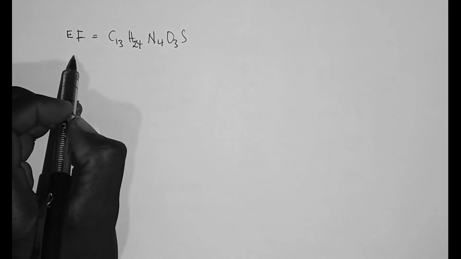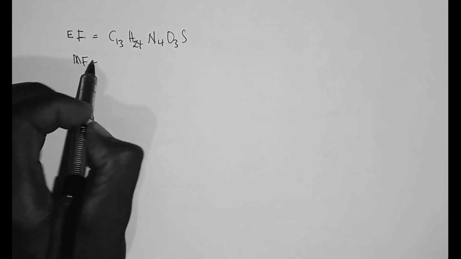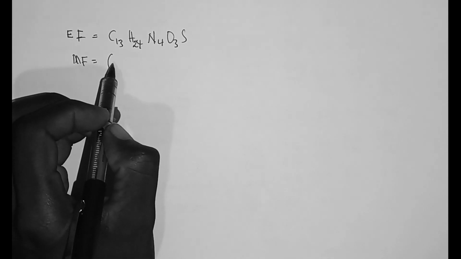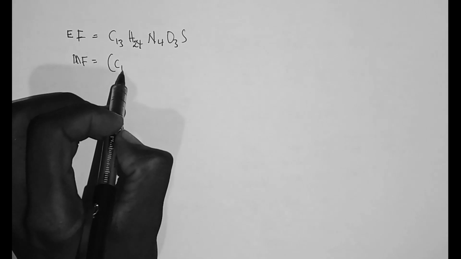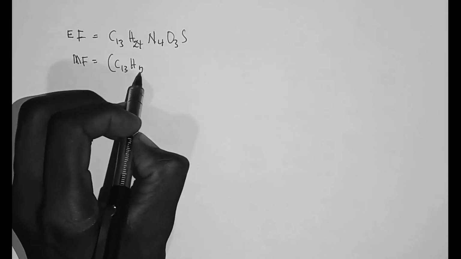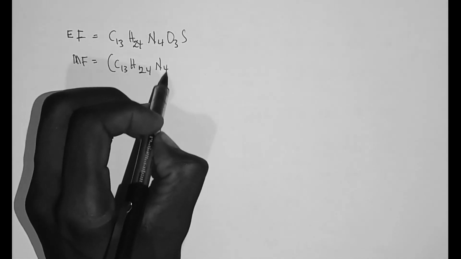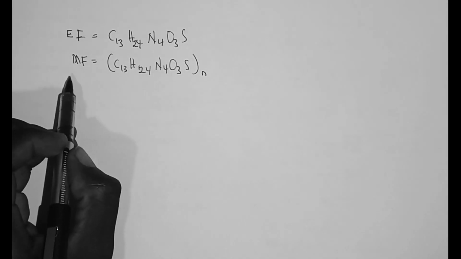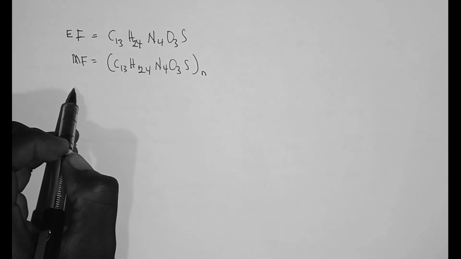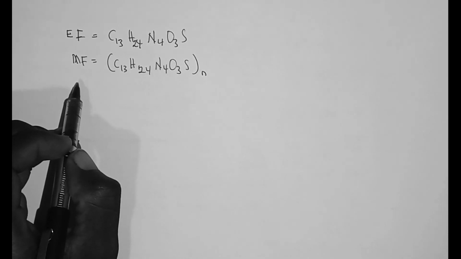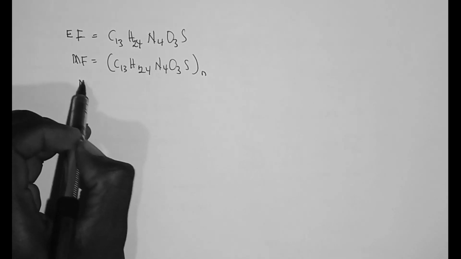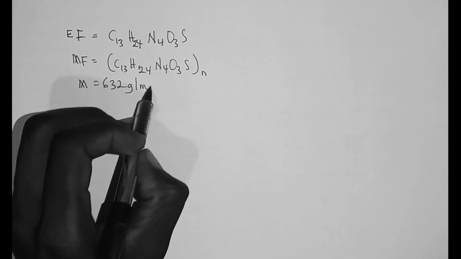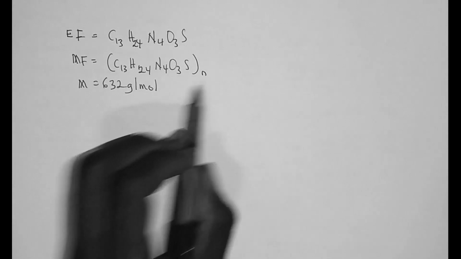So the molecular formula is equal to the empirical formula times a certain constant, which is C13H24N4O3S times n. We got the molar mass as 632 grams per mole, so let's go ahead and find the value of n.